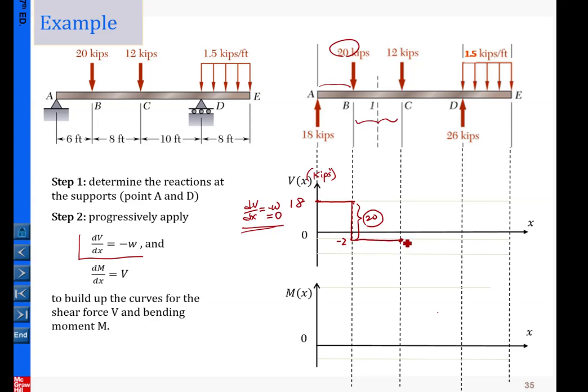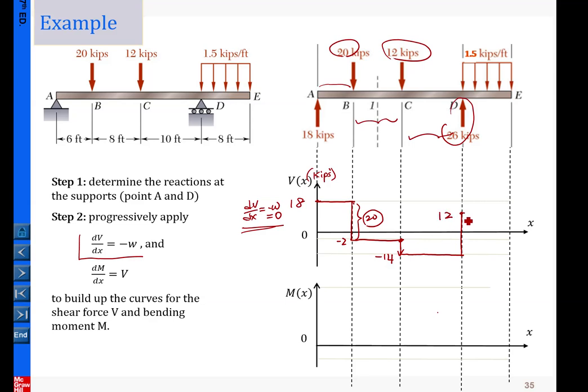Now to here, again downward by 12, so from minus 2 to minus 14. Then again in this segment, no distributed loading, it stays constant. And now to here, we have the point load 26, so that moves from minus 14 to 12.